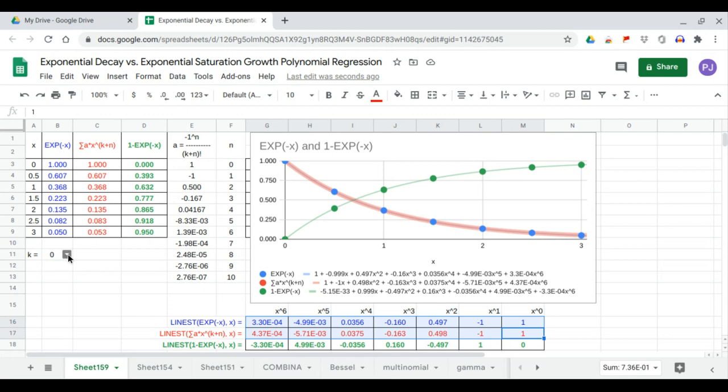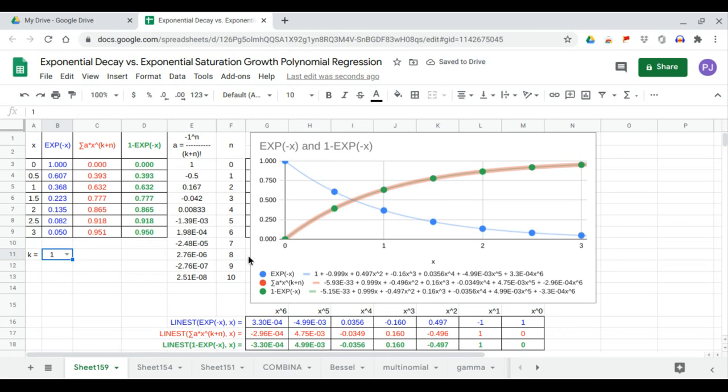At k equals 1, that is saturation. So the red trend line is on the green dataset. The Taylor series expansion approximates the saturation growth. So their regression coefficients are the same, almost the same.